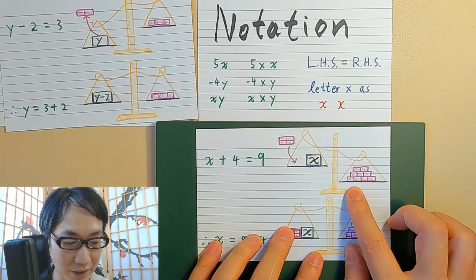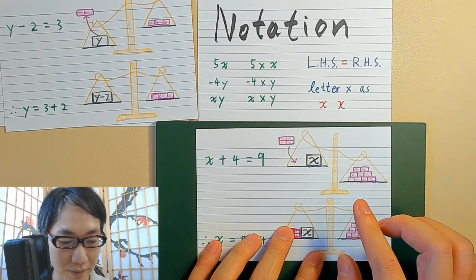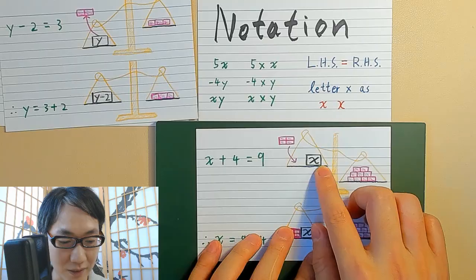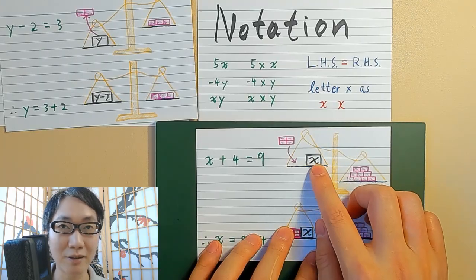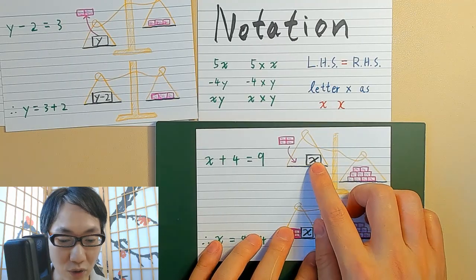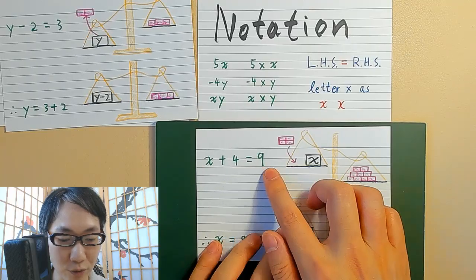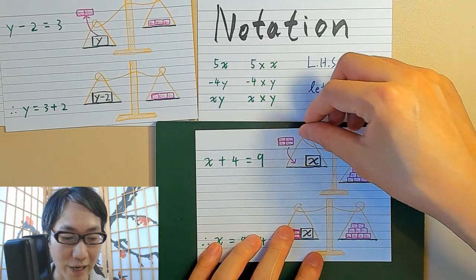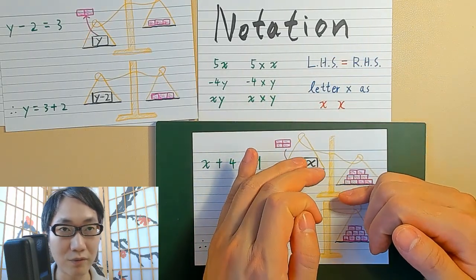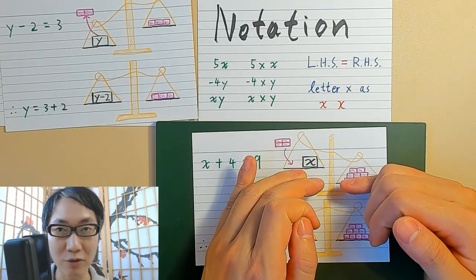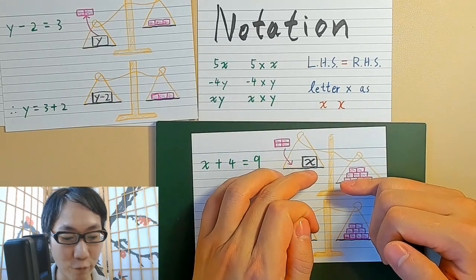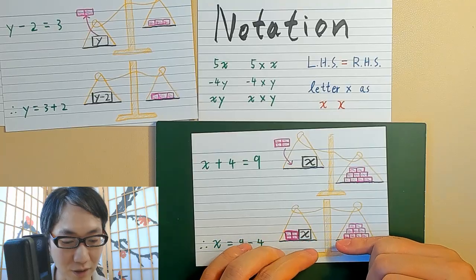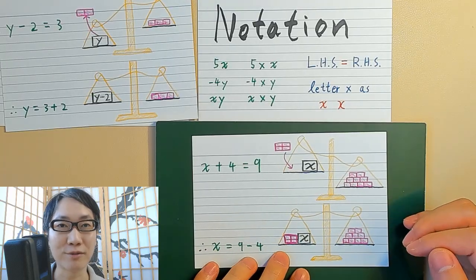There are 9 unit blocks here, and then there's x inside, we don't know how many yet. We know that if we add 4, it will be equal to 9. So we add 1, the scale moves but not equal yet, and then add 2, and then add 3, and then add 4 until they are equal.